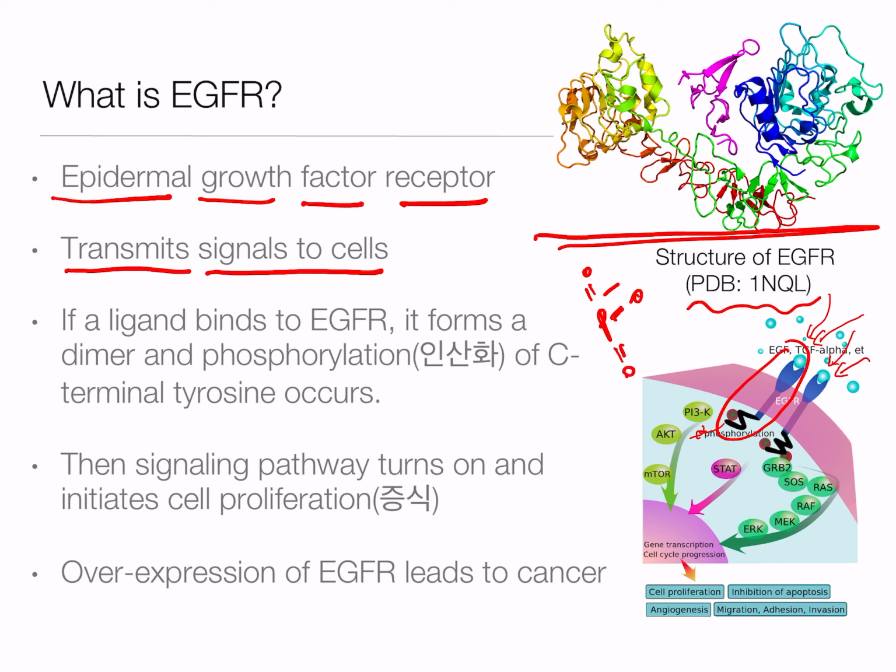This phosphorylation causes a cascade of signals. Cascade means the transmission of the signal. In summary, if a ligand binds to EGFR at the cell surface, then it forms a dimer.